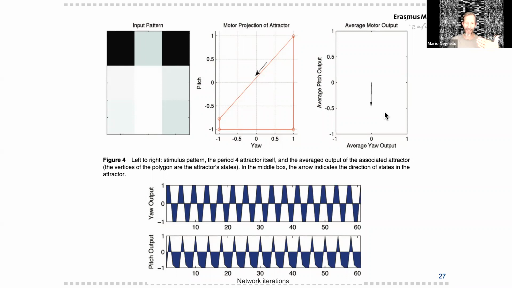That is the integrated activity of the output units. So the yaw output unit is basically balancing itself out, left and right. And the pitch unit is saying more often go down.